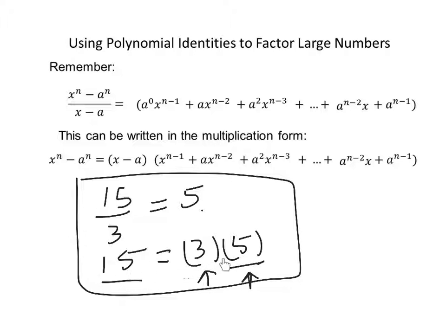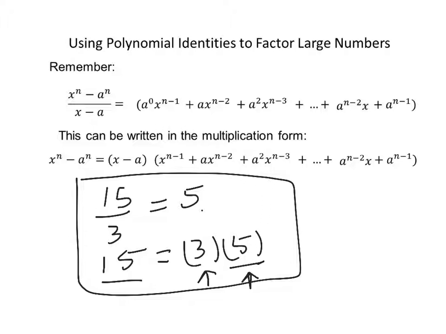So the product of these two factors is 15. So recognize that if we are able to write an expression such that we can say it is something times another thing, this will be a factor, and the other thing will also be a factor. Those are the basic considerations. All right, let's apply that to our identity now.